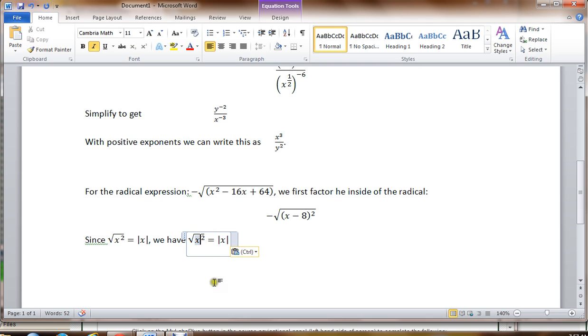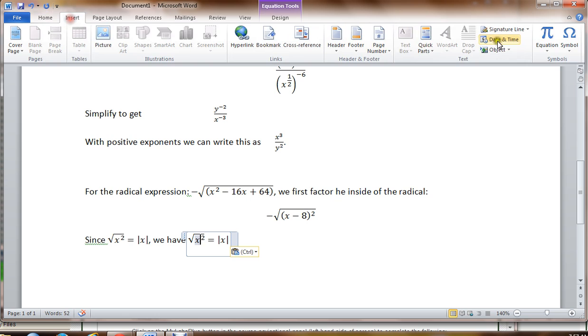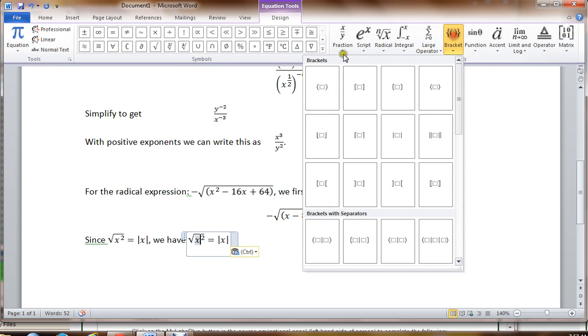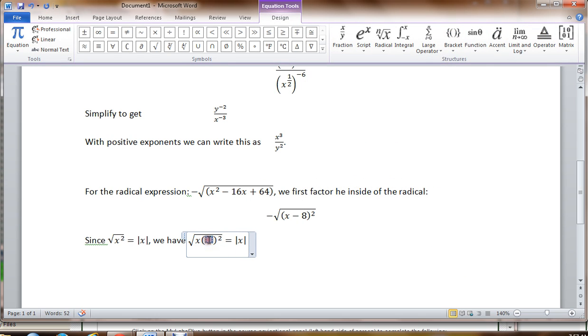That if I replace this x with the quantity x minus 8, then I can replace this quantity with x minus 8.